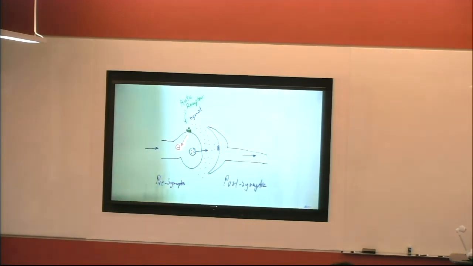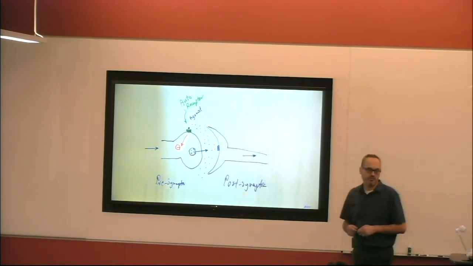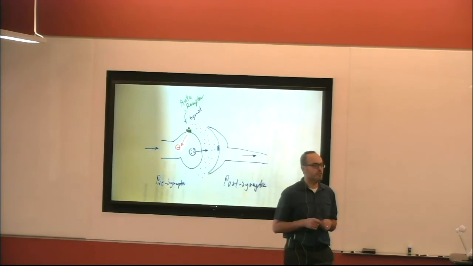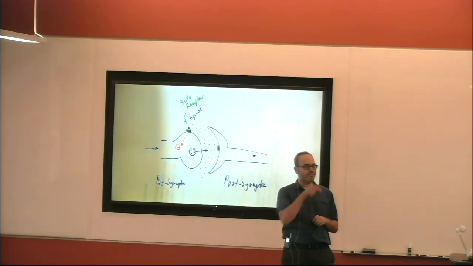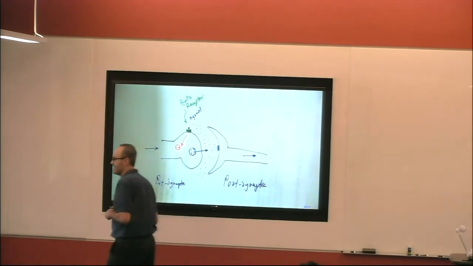Exactly. So if you antagonize the autoreceptor, you stop the inhibition and you get more of the neurotransmitter. Questions about this, guys? Any questions over there?